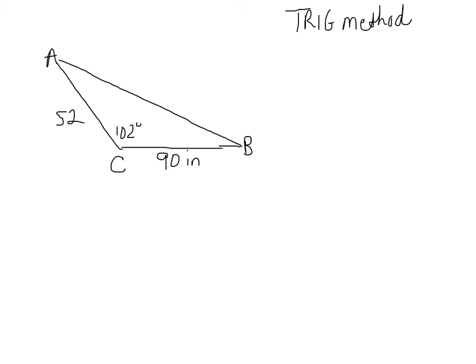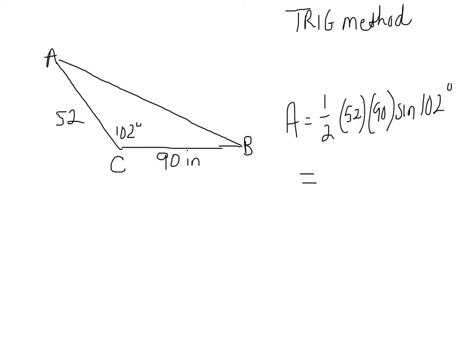But I have a side angle side basic configuration, right? I have an angle and then the sides on either side. So this is just the trig. To find the area, I'm going to take 1/2 times 52 times 90 times sine of 102. So I'm going to do 52 times 90 times sine of 102, divide by 2, and get an answer.